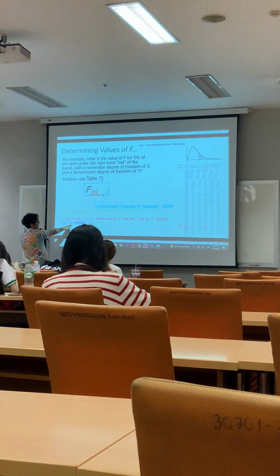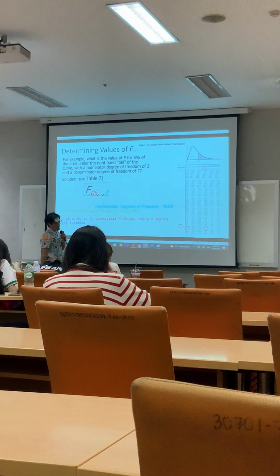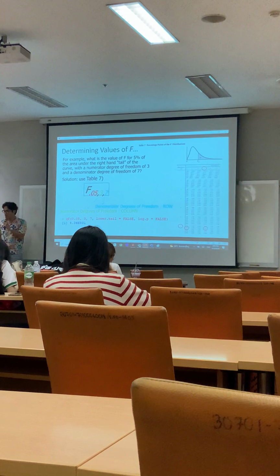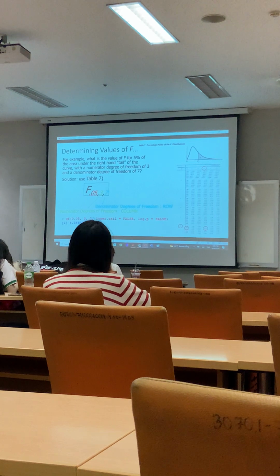So you can see that we get the same number as we looked up in the table. So this is not difficult for the F distribution on the upper tail.